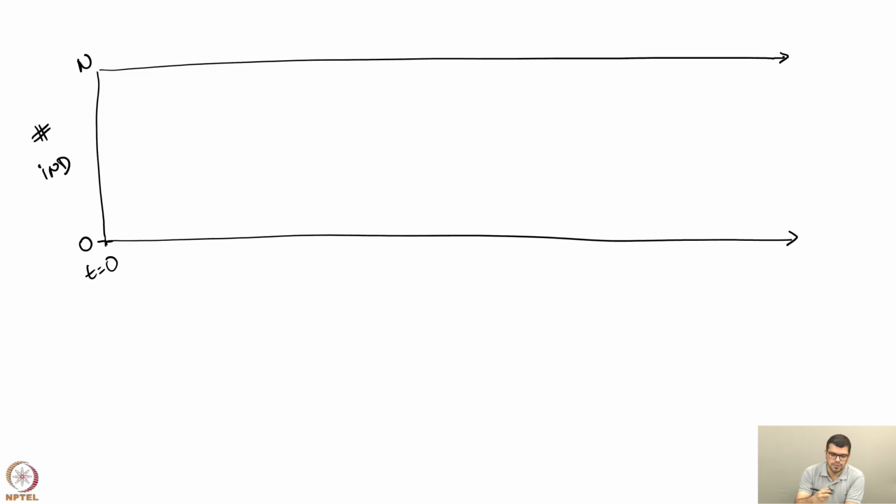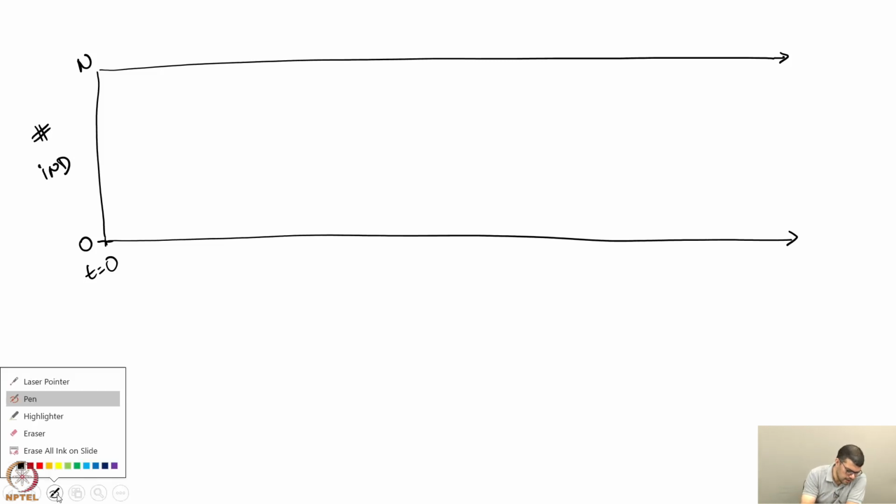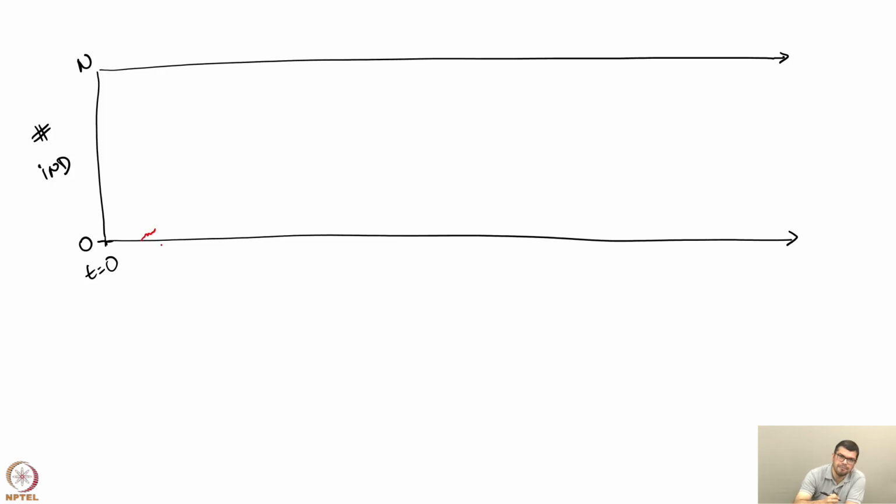And now what we will see is that over a much longer time frame, this is what we are going to see. Mutation came, escaped the action of drift and reached fixation.